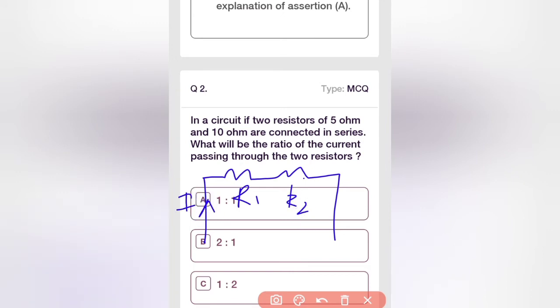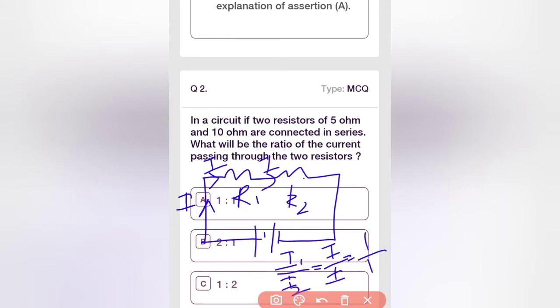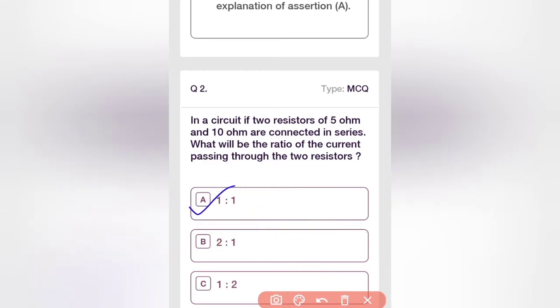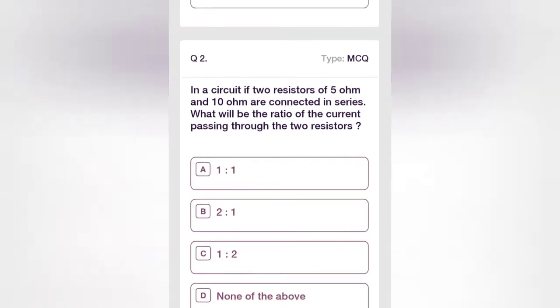The current flowing in the circuit is the same current that flows through R1 and R2. So if the current is the same, what will be the ratio of the currents? If I take I1 divided by I2, the two currents are the same, so I divided by I is 1 by 1. So the ratio must be 1:1. The correct option would be option A.